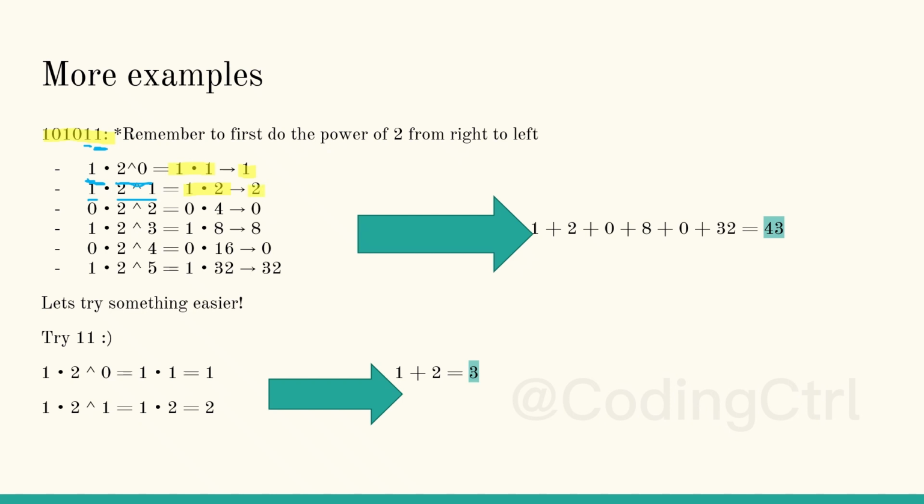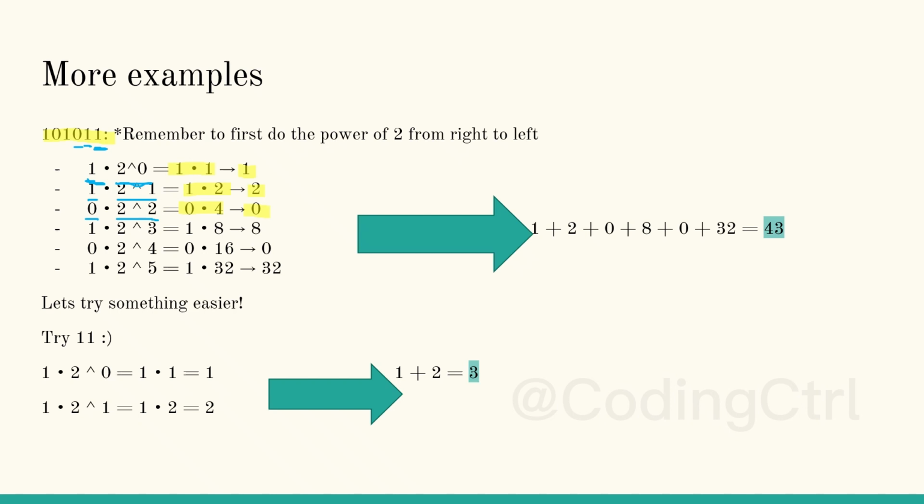Our next number is 0. With the same method, we're going to be multiplying 0 times 2 to the power of 2, since the positioning of 0 is at 2. 2 to the power of 2 is 4, so you would get 0 times 4, which equals 0.